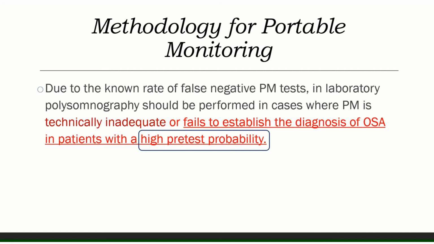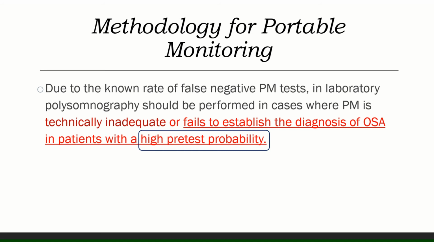What do you mean by that? If we gave the patient an HSAT and we feel the results were falsely negative, then we would bring them in for a PSG.